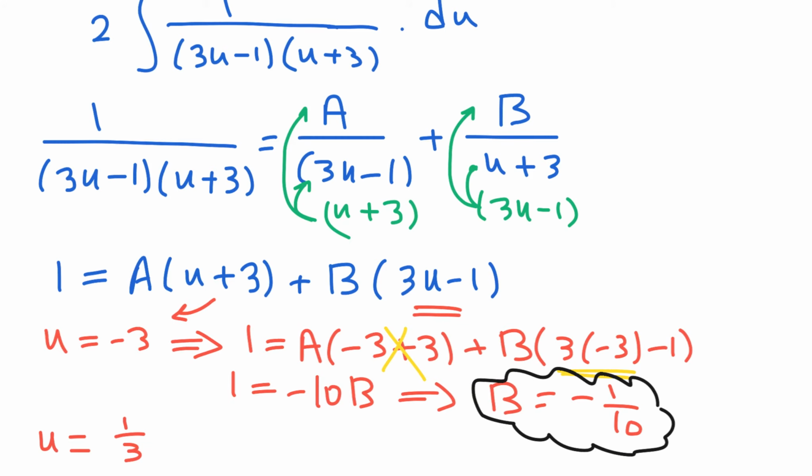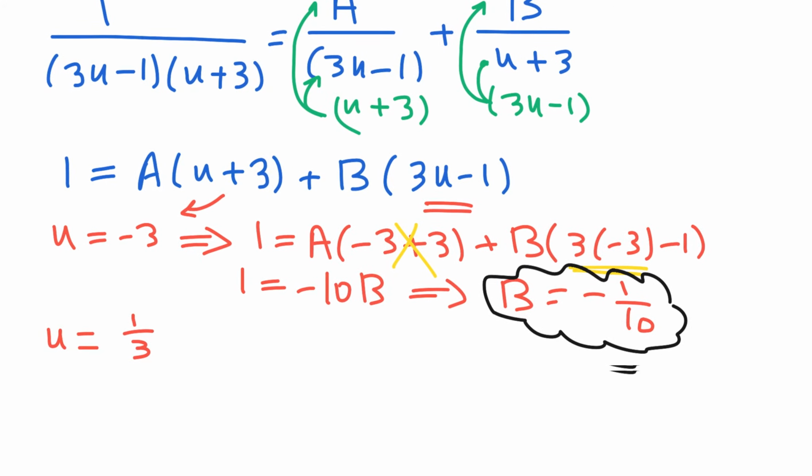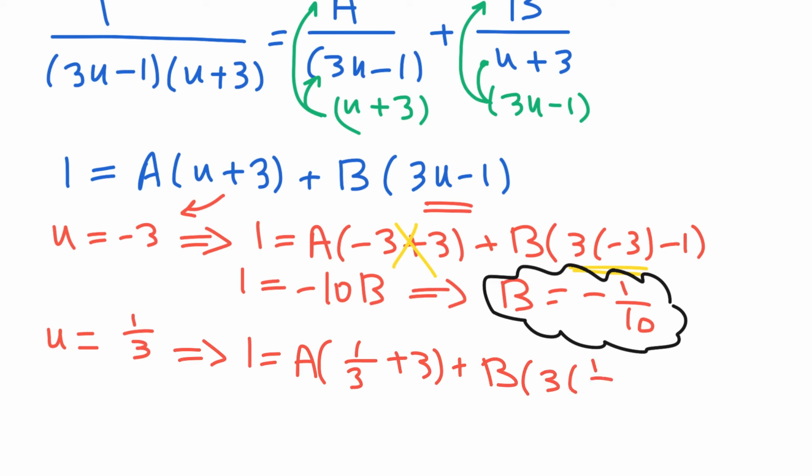Okay guys, now I will do the second one by substitution. So 1 equals A times (1 over 3 plus 3) plus B times (3 times 1 over 3 minus 1). As you see here, it will be 1 minus 1, so this brackets is going to be equal to 0, so B will be eliminated.